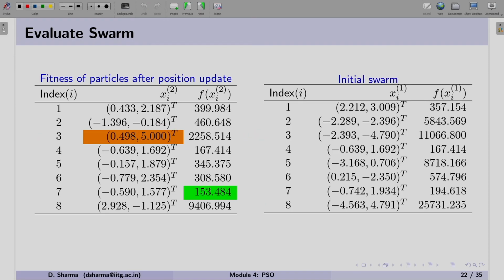Just to see, when we started this initial swarm, the best particle was 4 and it had a fitness of 167.414. After applying the velocity update and the position update to get a new position of the particles, we found that solution 7 is updated, and this new position has a better fitness than the initial swarm.